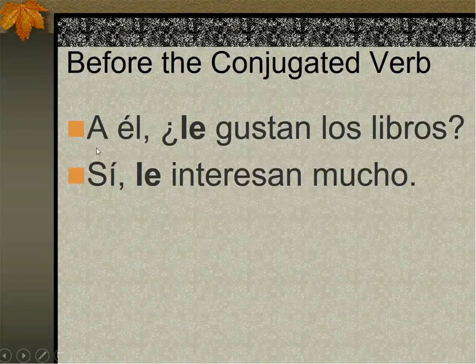Let's see some more examples. A él le gustan los libros. Remember the verb gustar? Remember when we saw that gustar actually means something is pleasing to somebody. So here you're asking, are books pleasing to him? Yes, they interest him a lot. Sí, le interesan mucho.